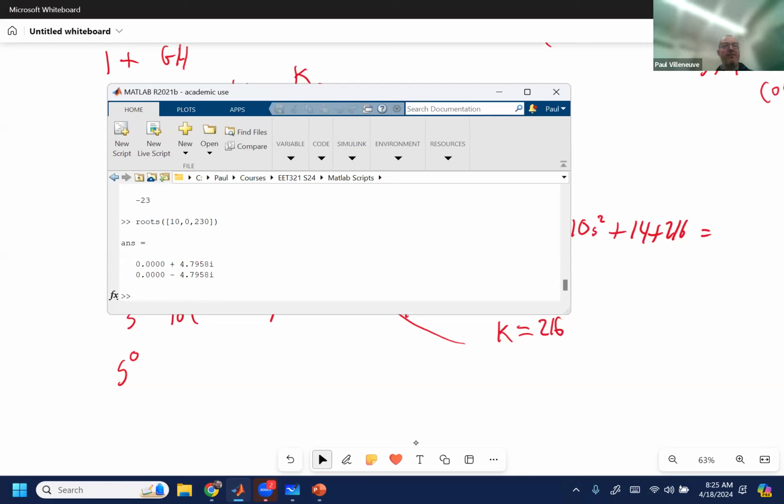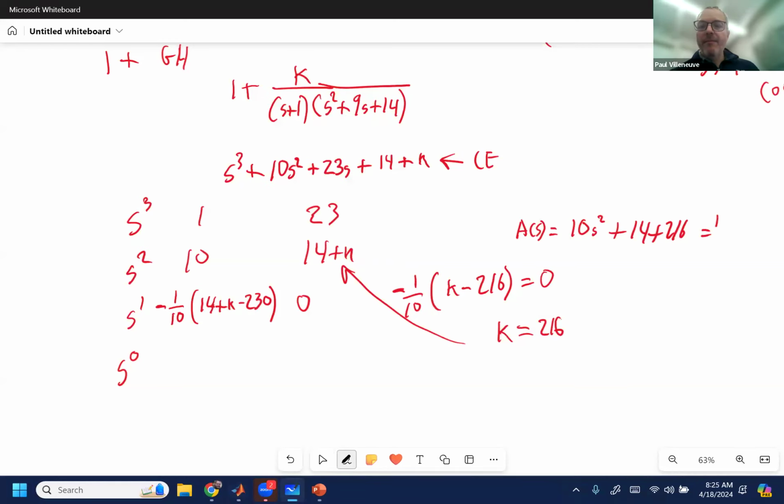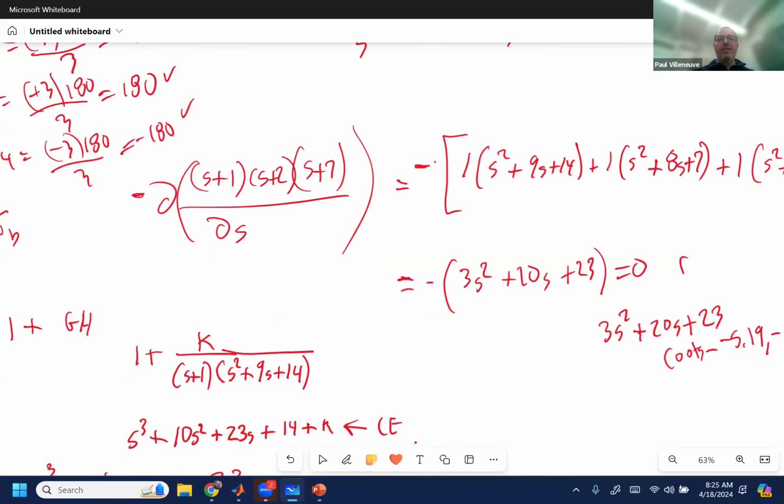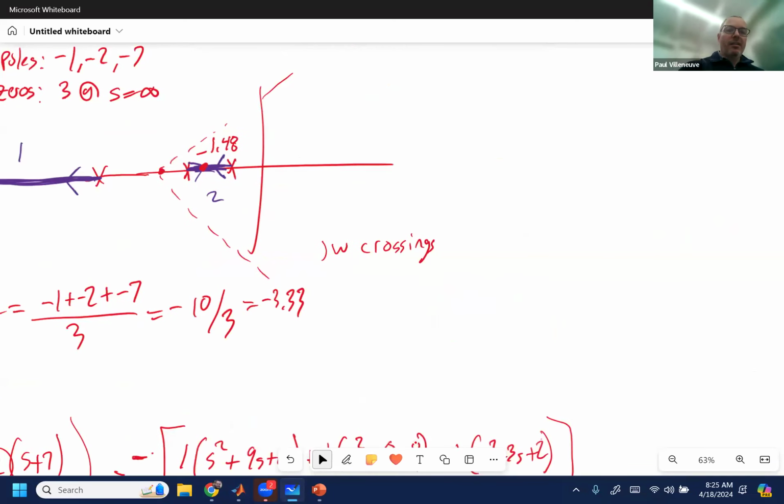So s equals plus or minus j4.8. And that's where this root locus crosses the imaginary axis. That was the answer for number 3.